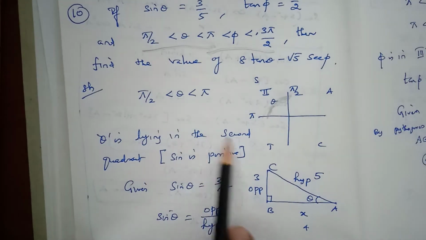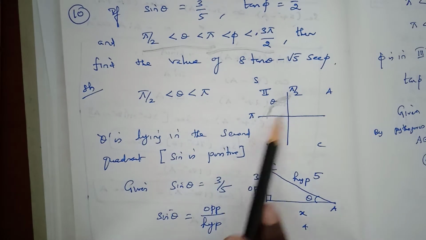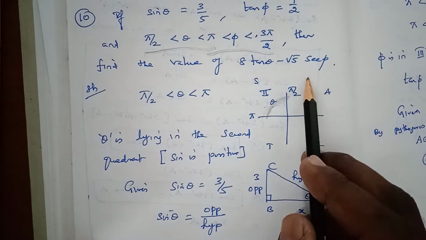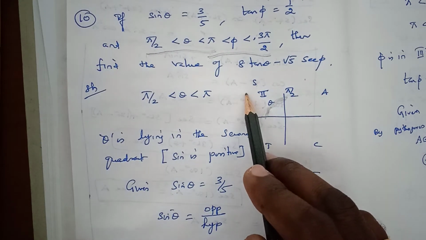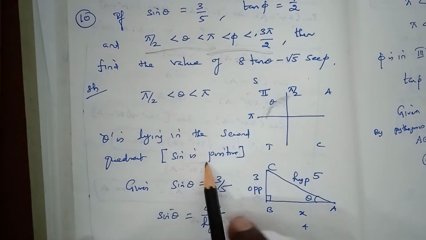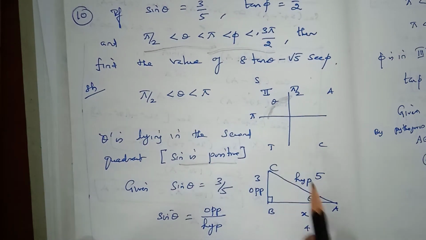So theta is lying in the second quadrant, and sin theta is positive. In the first quadrant all are positive, in the second quadrant only sin is positive.